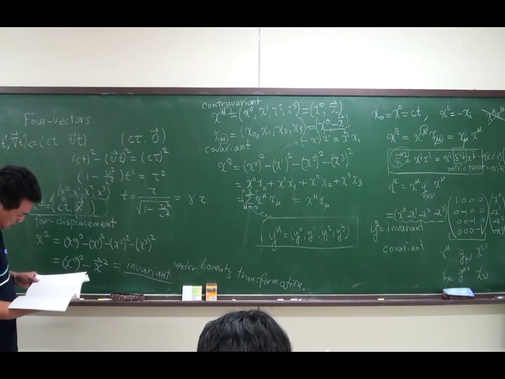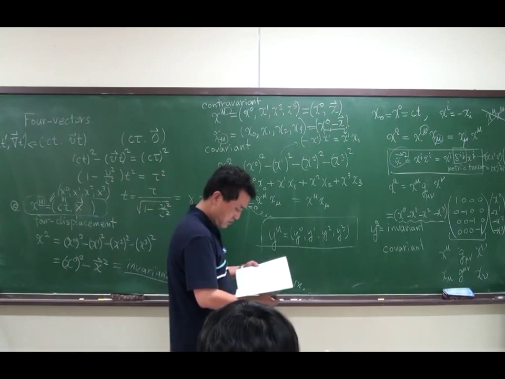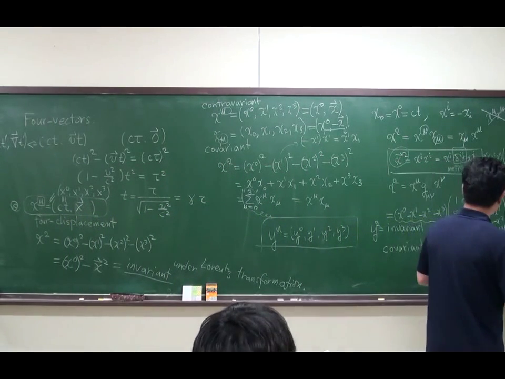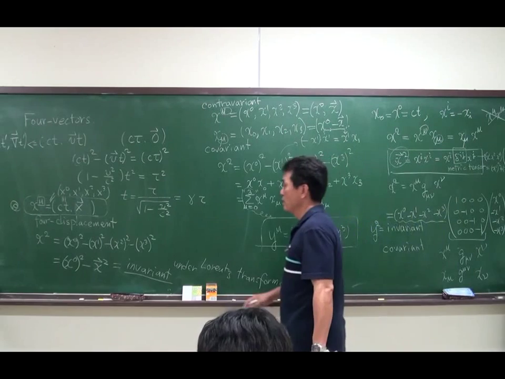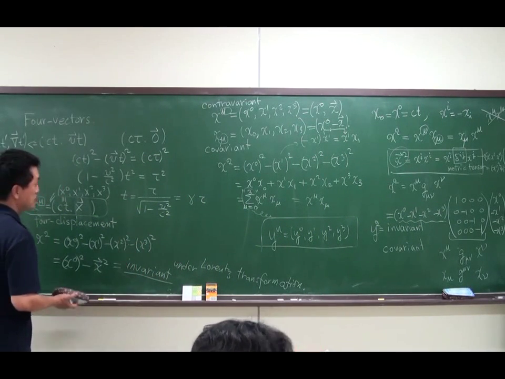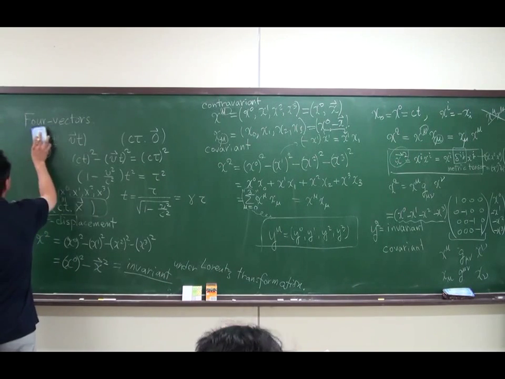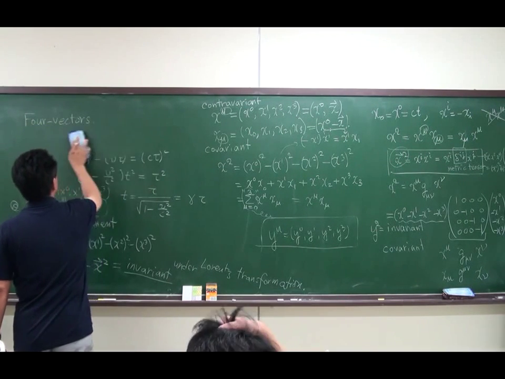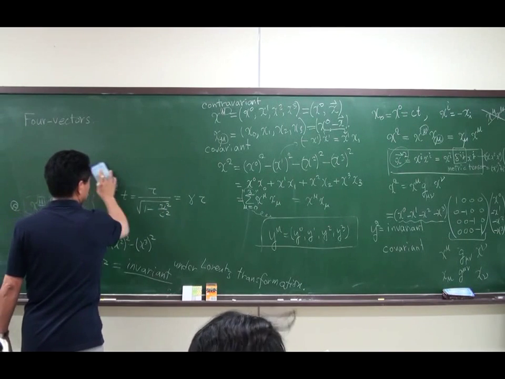All right. Let us review the Euclidean rotation, rotation in the Euclidean space, before we go ahead with the properties of the Lorentz transformation matrix.